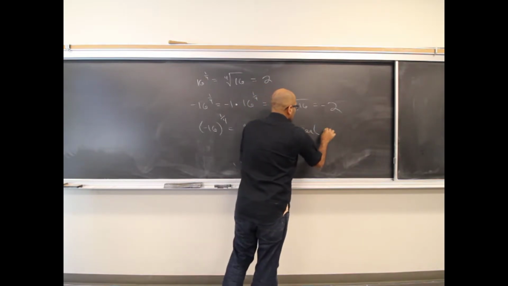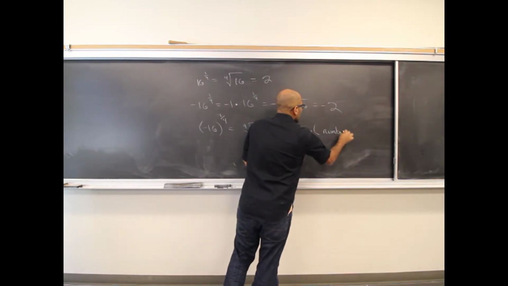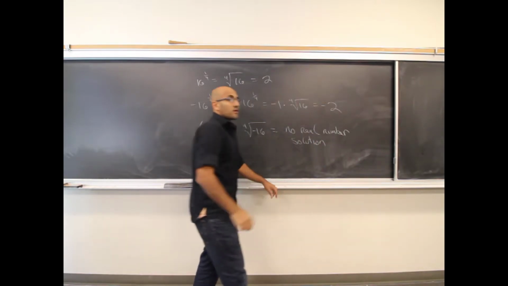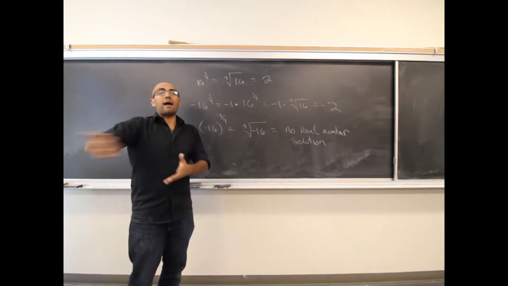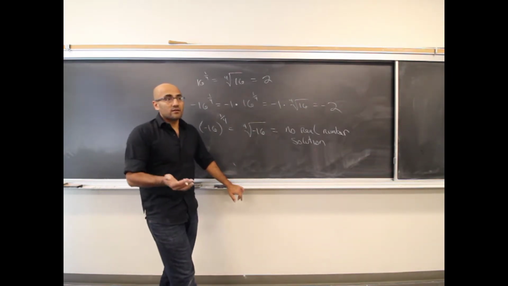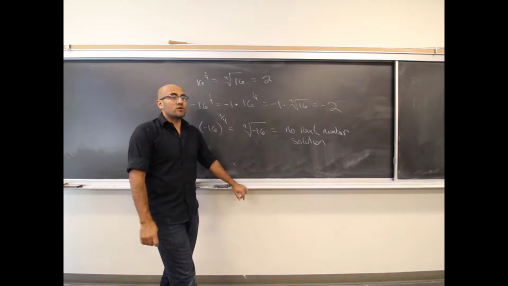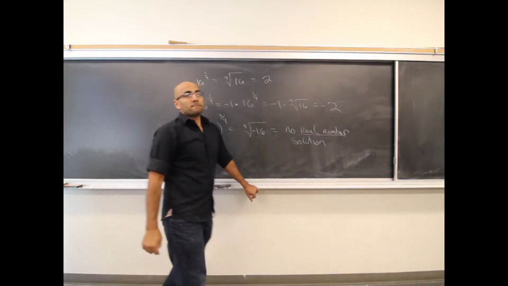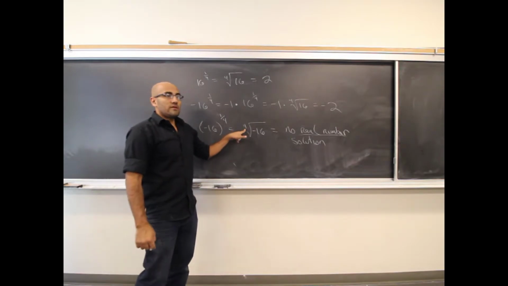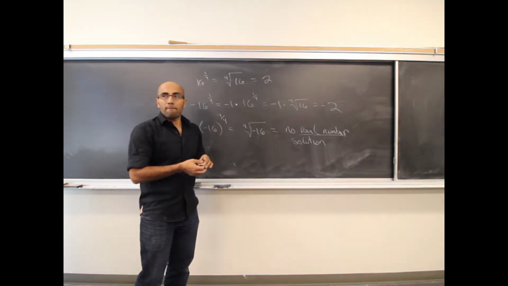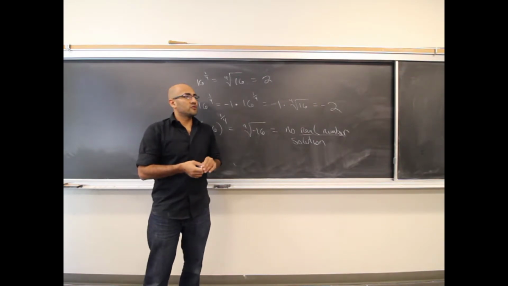No real number solution. There is an answer, but the answer is part of the complex number system, which involves imaginaries, and we're just not dealing with those yet. So for us, it's just no real solution, right? Good. Even root, negative inside the radical, no real number solution. Questions?